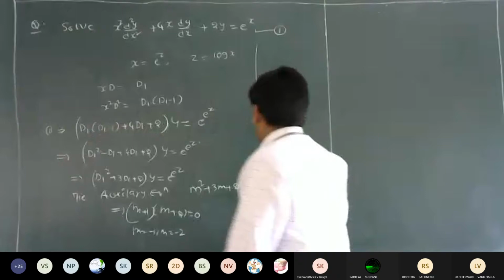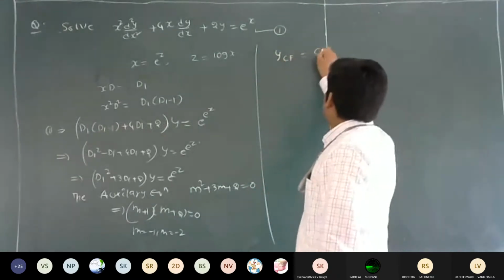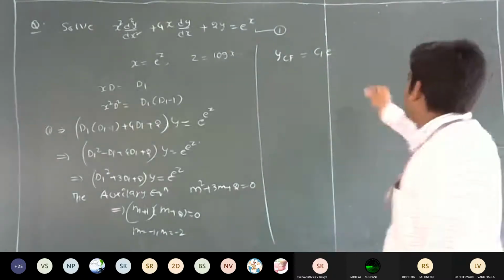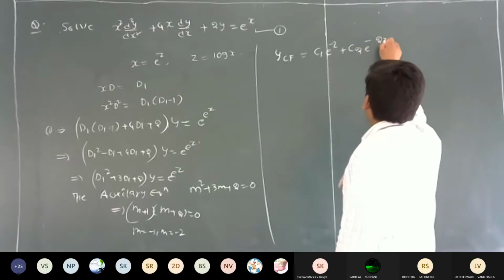So the complementary solution is y is equal to c1 into e power minus z plus c2 into e power minus 2z.